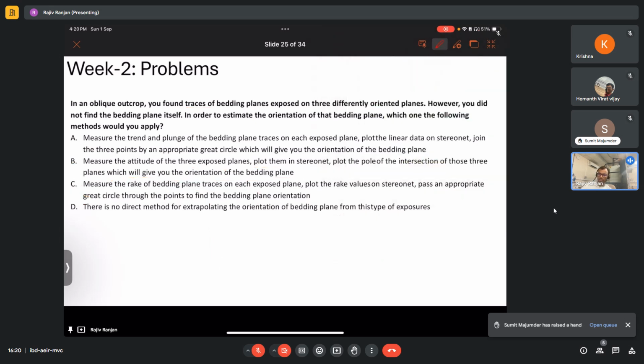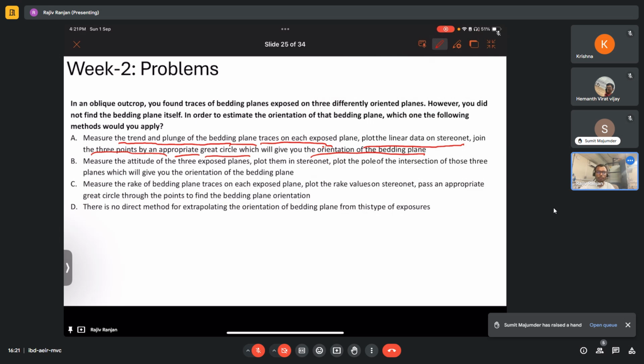So that is why the method is to measure the trend and the plunge of the bedding plane. You trace, then you plot the linear data on the stereonet, then join the 3 points in an appropriate great circle, which will give you the orientation of the bedding plane. So this is how you get the orientation of bedding planes from traces found in differently oriented planes. Remember, this is very important.